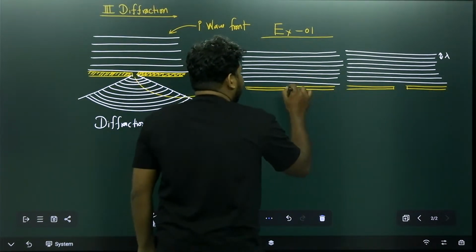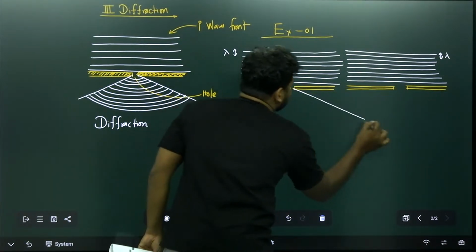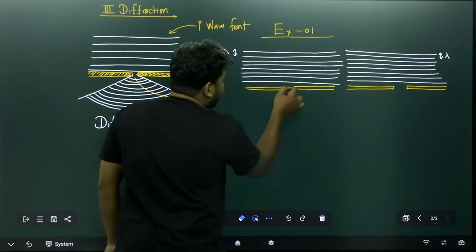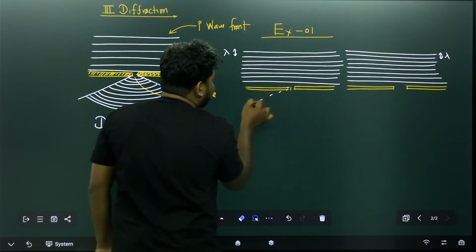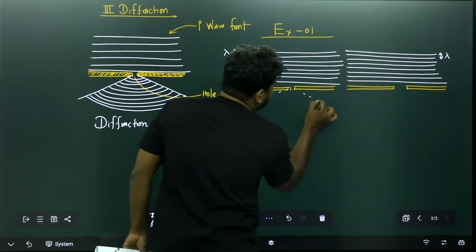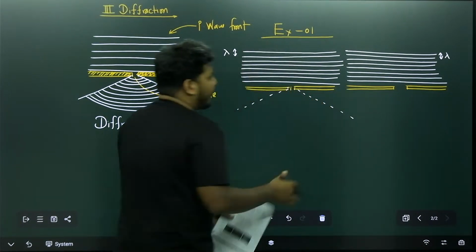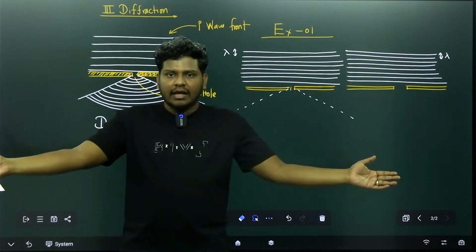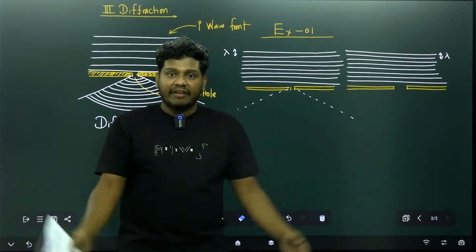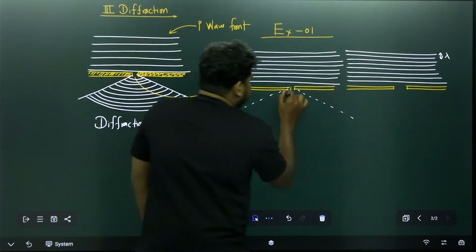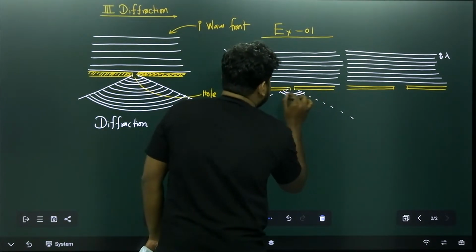For this one, the diffraction happens like this between these 2 points. So the waves are spreading in a very big area, like this.